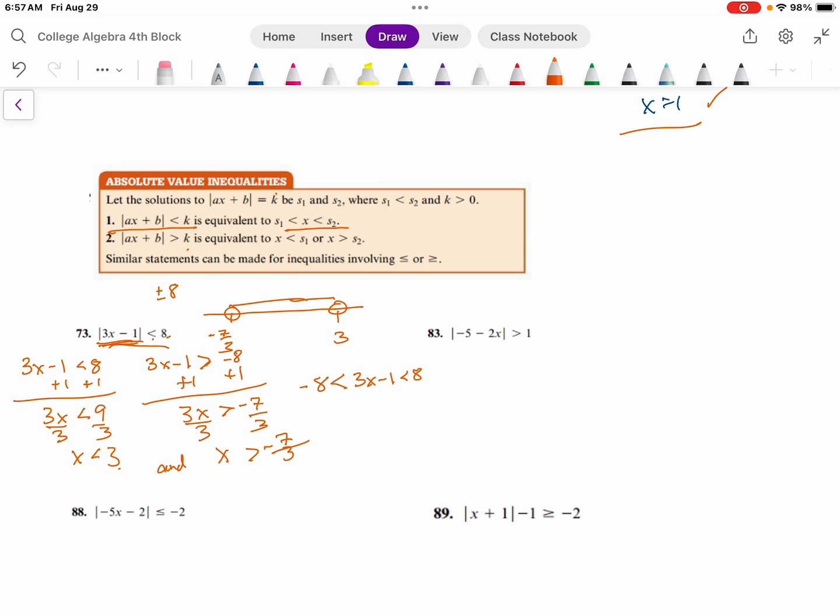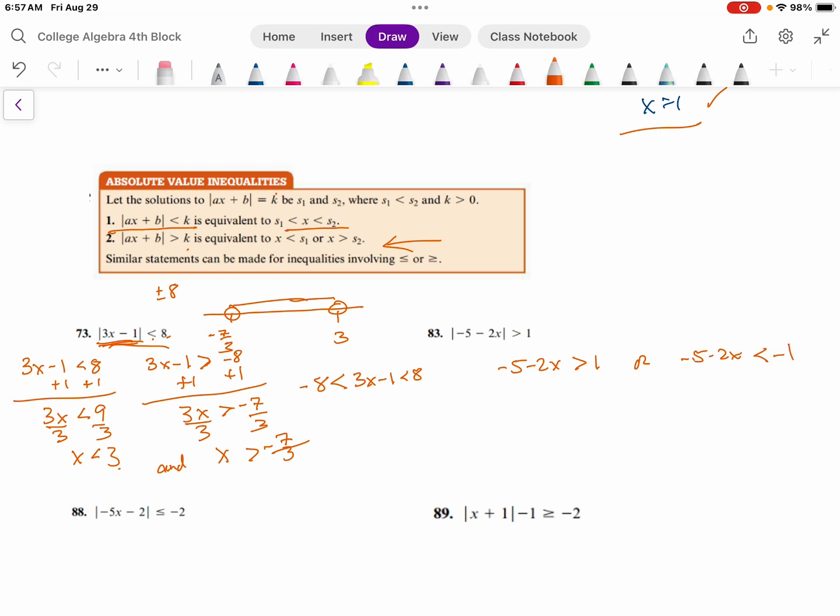Number 83, we fall into the category of this next one here, which means that as I go to write it, I can write it as negative 5 minus 2x is greater than 1, or negative 5 minus 2x is less than negative 1.